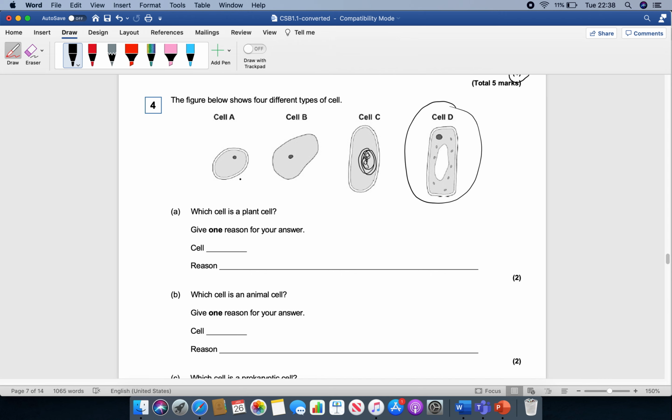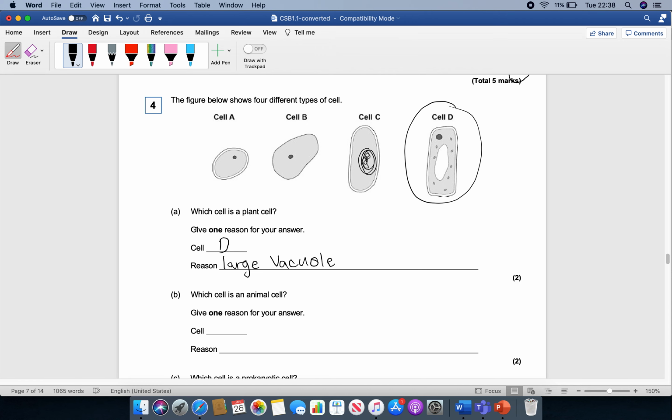And these don't have any of the other organelles, so we know that this answer is going to be D. The reason would be that this one has a large vacuole. Other reasons could be that it has chloroplasts, and so on. Having those 2 correct answers would give you your 2 marks.